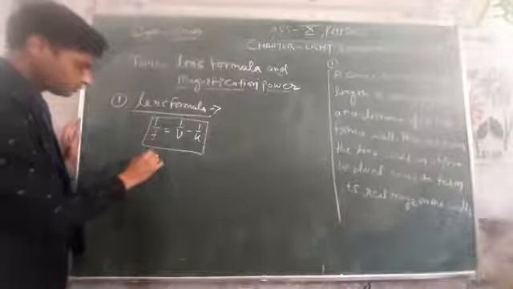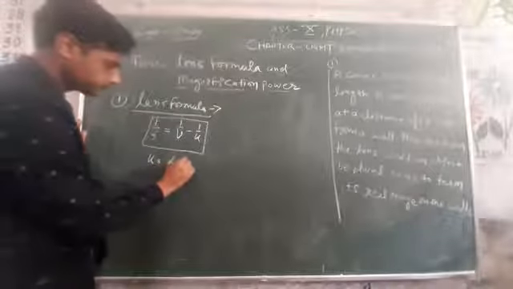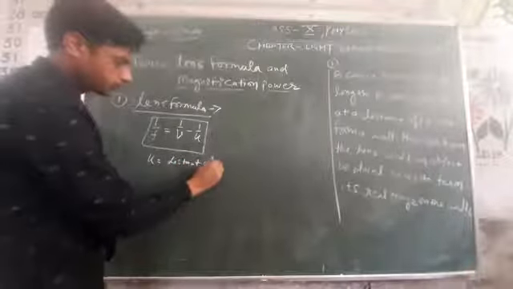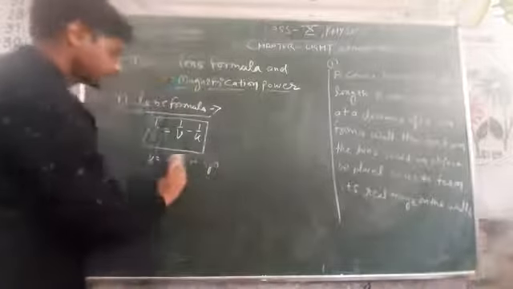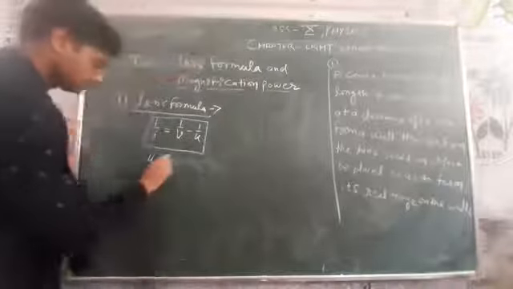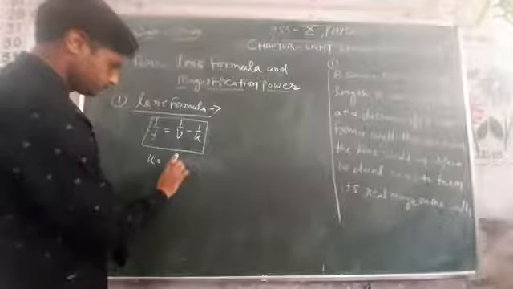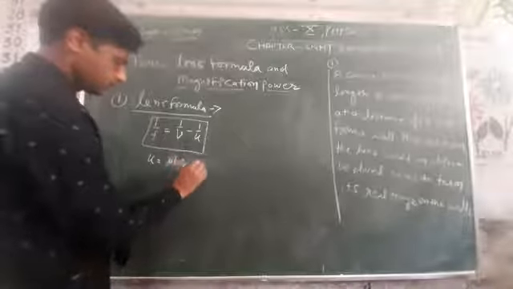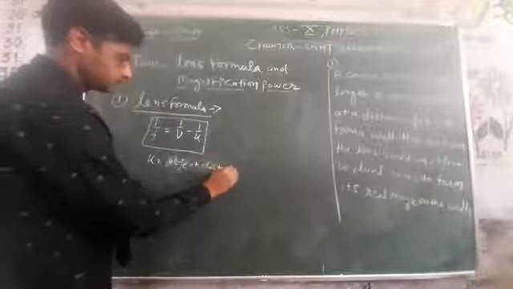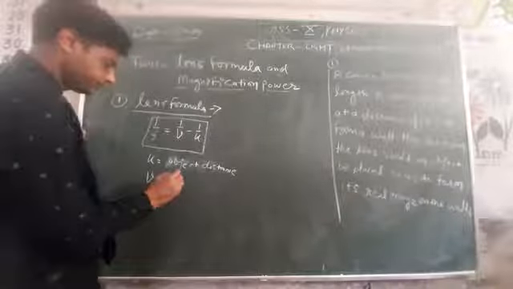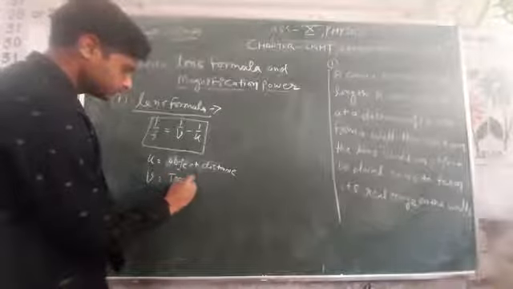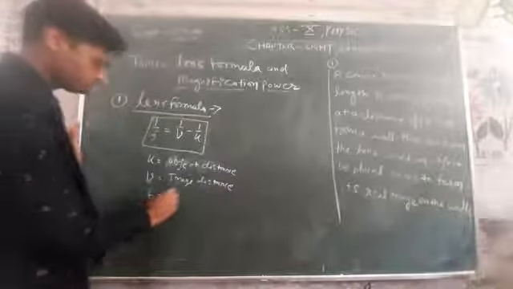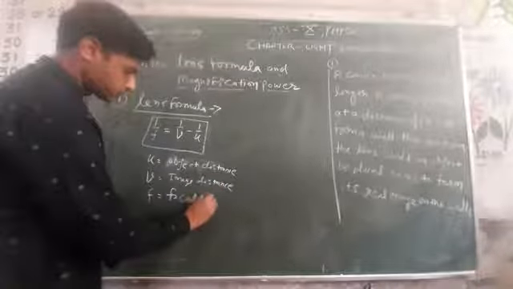Okay, as you know, u is the distance of object, or you can say object distance. v is image distance, and f is focal length.